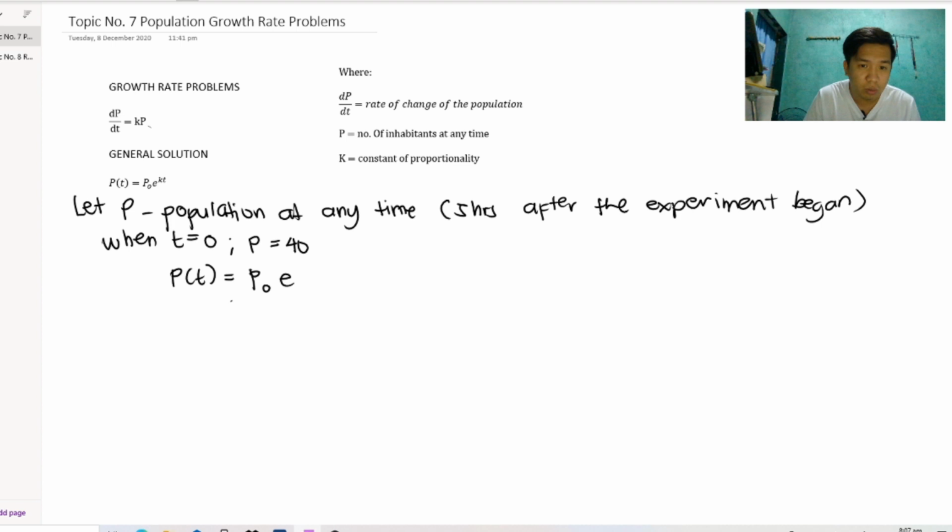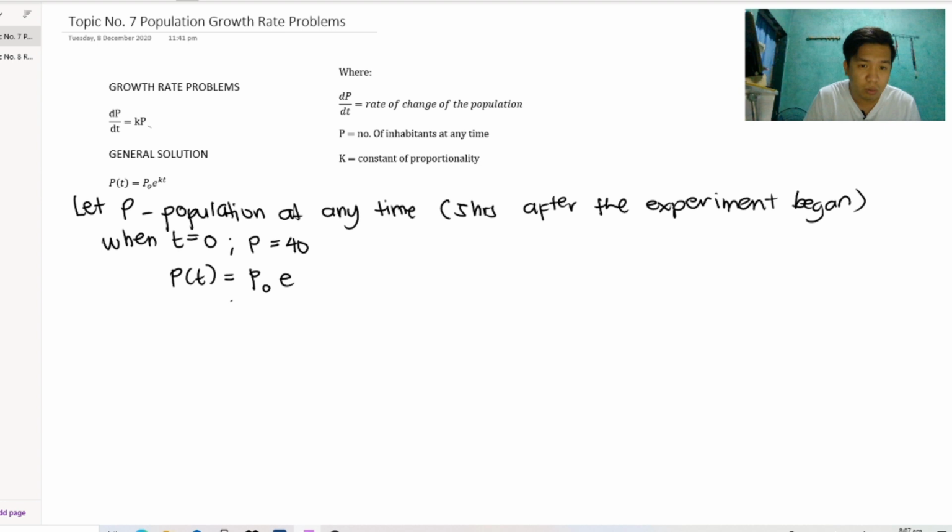Our P for this one is 40, which equals P0 e raised to k times t. Here we are looking for P sub 0, and our t is 0. So 0 times k is 0, and any number raised to 0 equals 1.